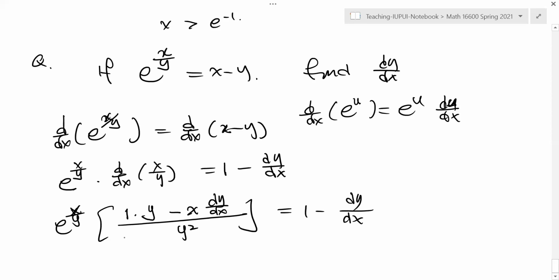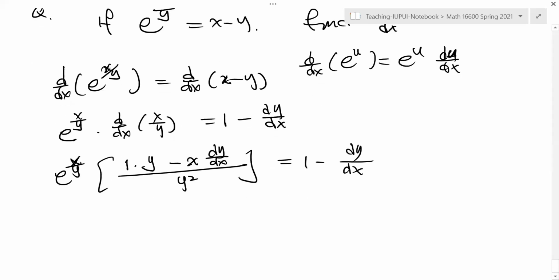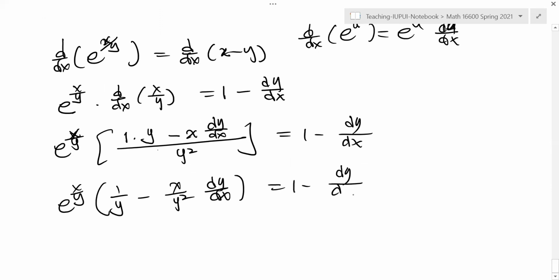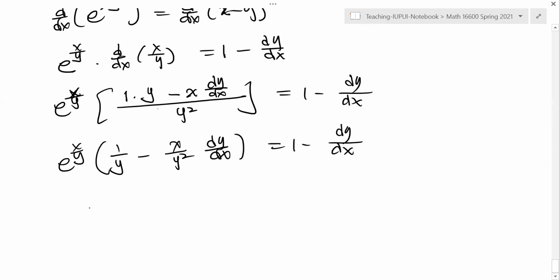With the quotient rule, you differentiate the numerator and denominator separately. Then you look at all the terms and try to find the derivative step by step. I'm going to rewrite this again. Y over this is 1 over y, and here is x over y squared. Just one more step. Then I multiply this out.